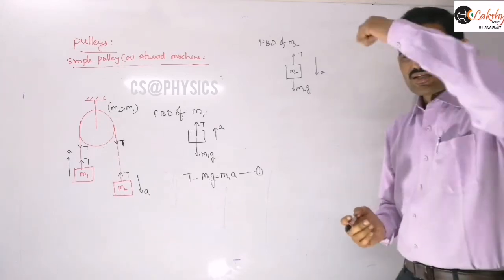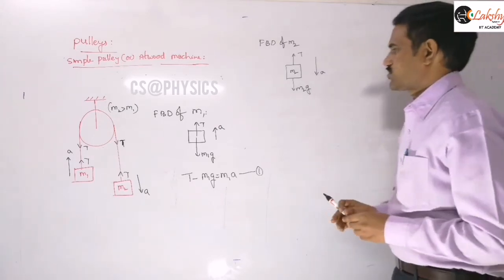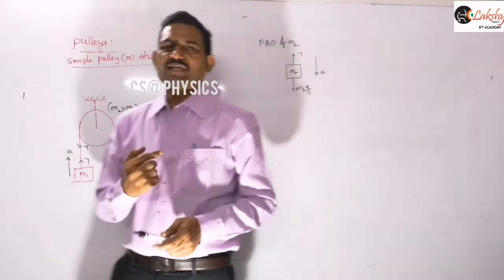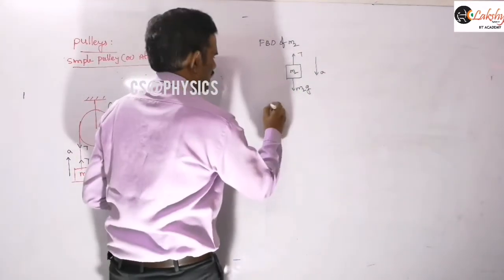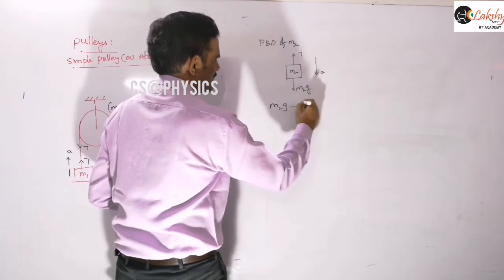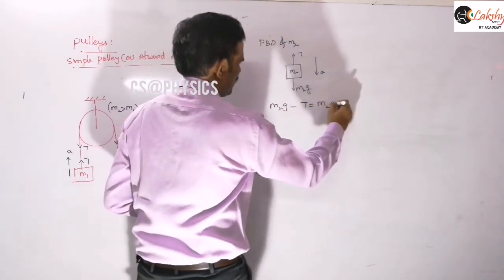The block is moving downward, so the downward force must be larger than the upward force. And so here it is M2G minus T is equal to M2A.